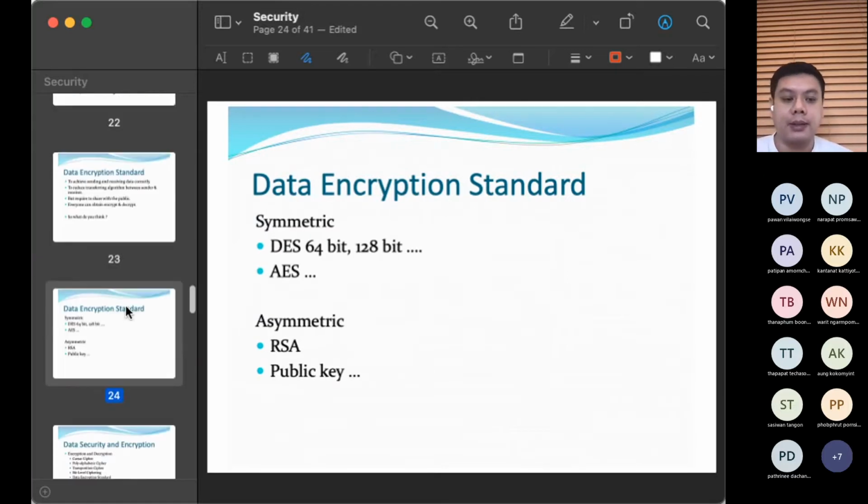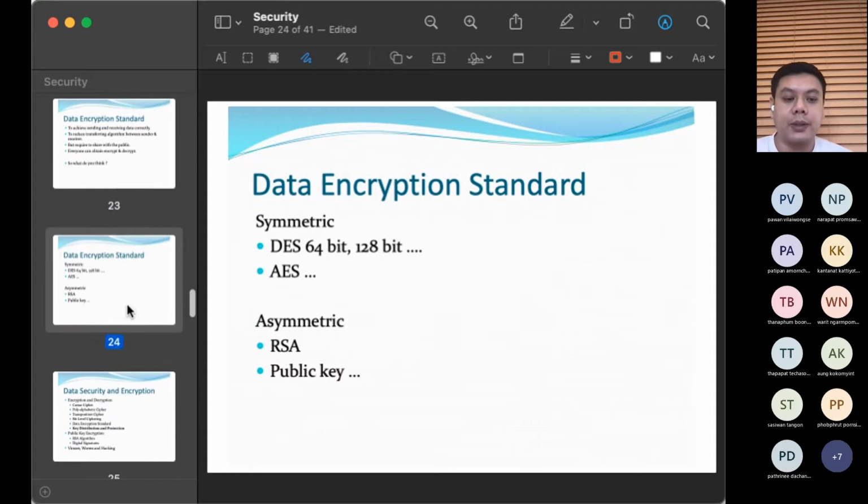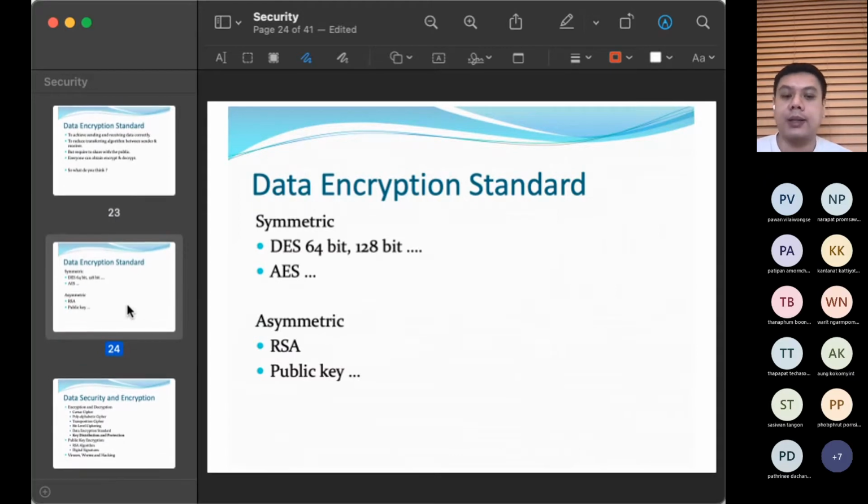But what we need to know is that there are many types of protocol you can use. Between two common types of encryption standard, the first one is symmetric, the second one is asymmetric. What's the difference?